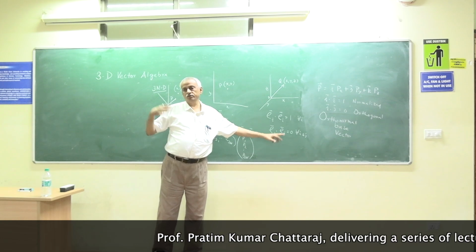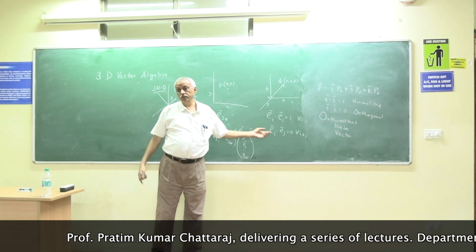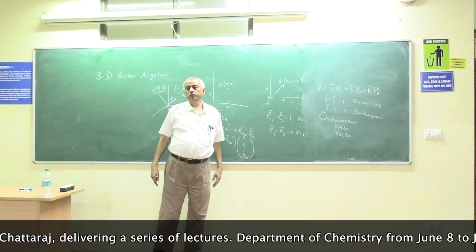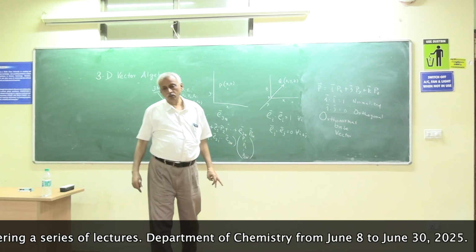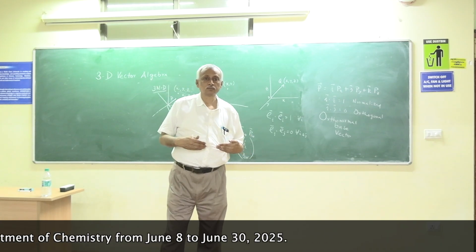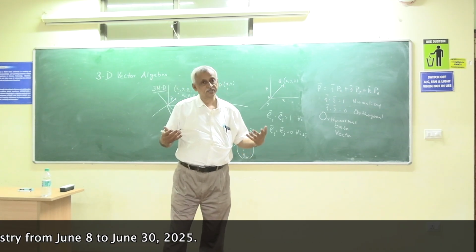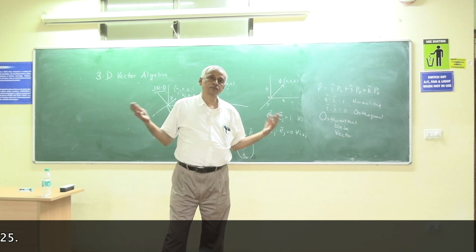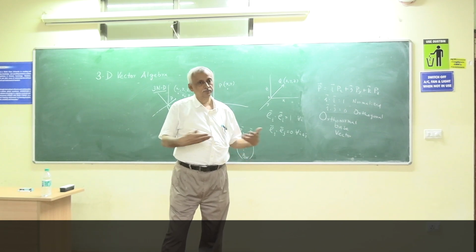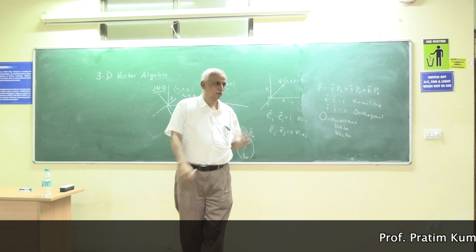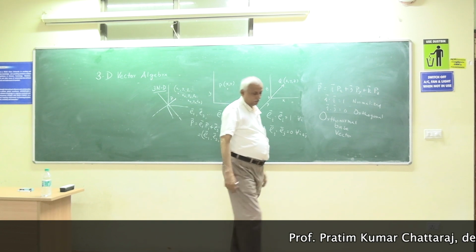There is another product, called the vector product or cross product. This is the dot product or scalar product. They are called scalar product and vector product because in the dot product whatever is produced is a scalar, while in the vector product, the product of two vectors will also be a vector.